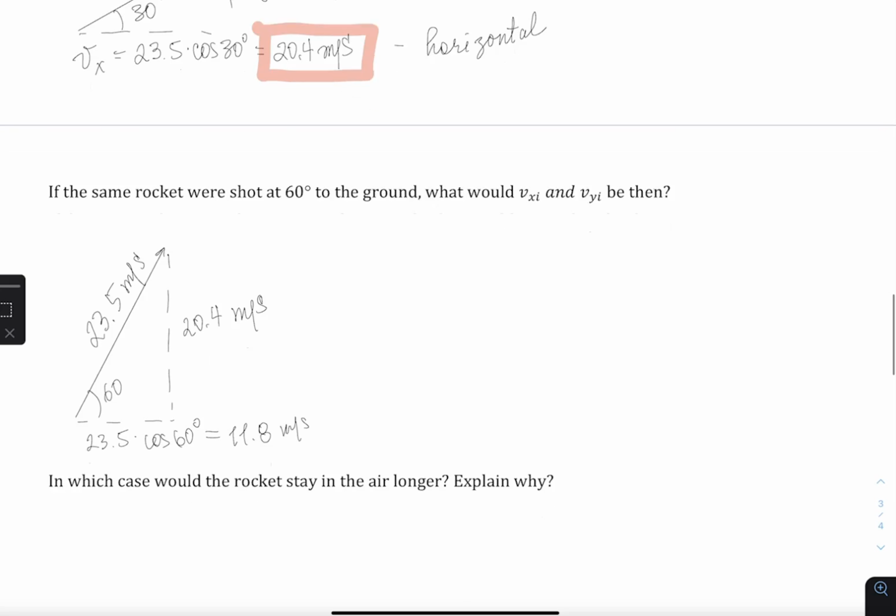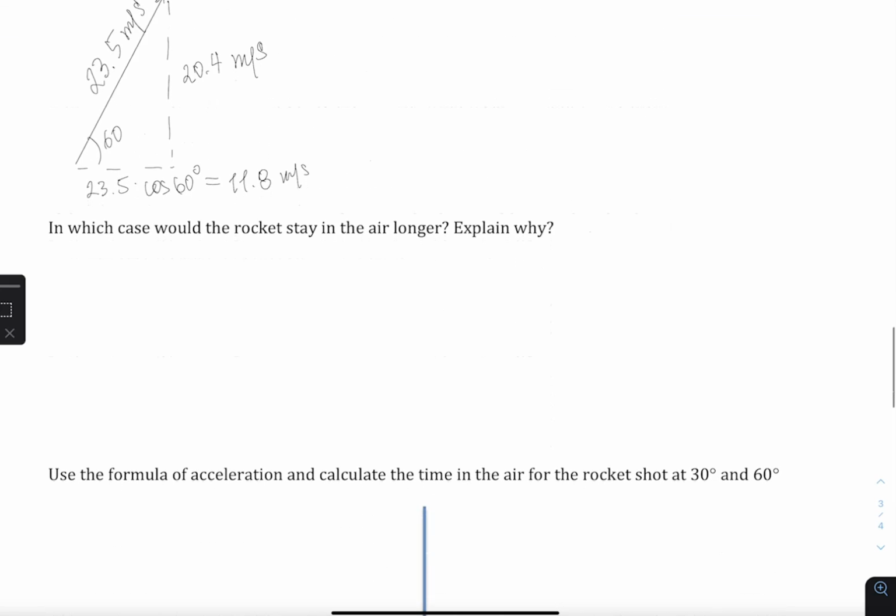In which case would the rocket stay in the air longer? Explain why. Shot at 60 degrees, because it has V initial y that is greater.